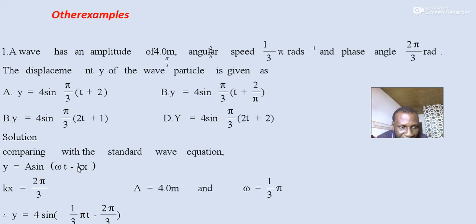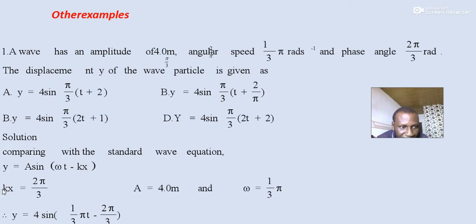Omega and k are the constants. Here omega is 2 pi over capital T or 2 pi f, as the case may be. But here k is also 2 pi over wavelength, but they gave us the values directly as phase angle. ks is the phase angle.